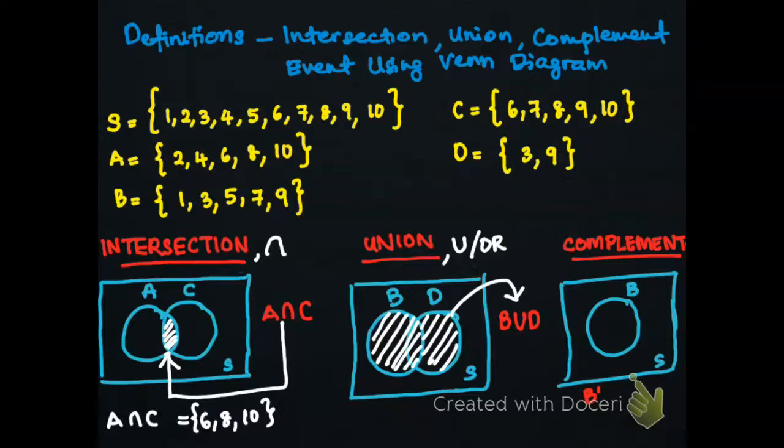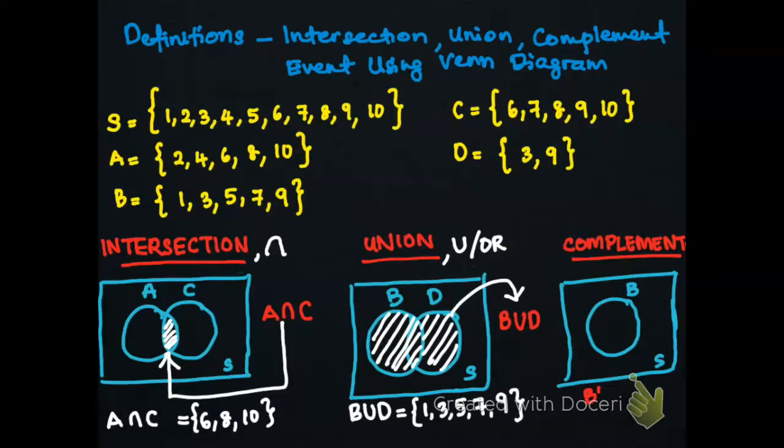So the union between B and D, the union between B or D, is written like this, and the elements inside B union D will be 1, 3, 5, 7, and 9.